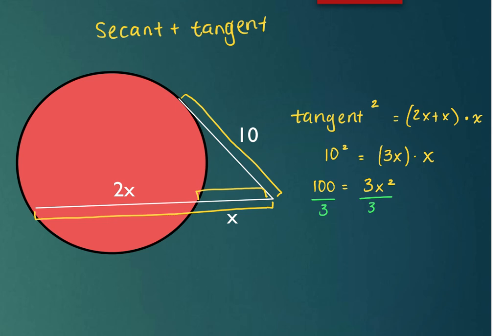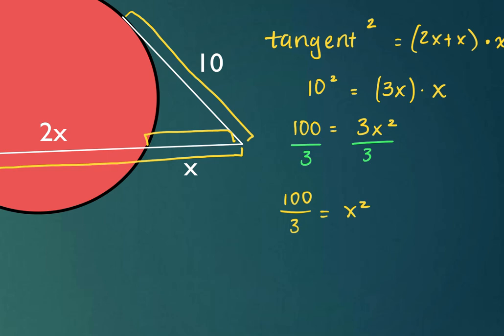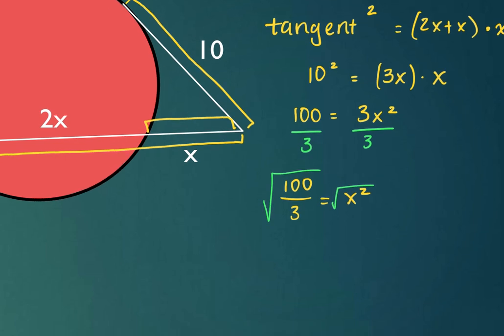So when we divide by 3, let's just leave this as 100 over 3 equals x squared. And then to get rid of the squared, what do we do? Get the square root? There we go. We take the square root of both sides, and then we're going to get 10 over the square root of 3 equals x. Because that's the square root of 100, which is just 10, over the square root of 3.